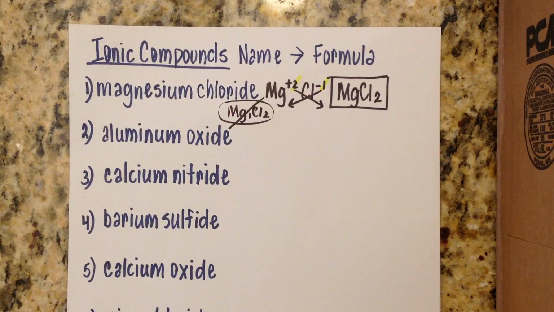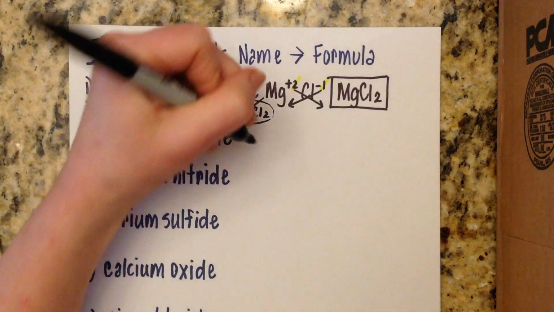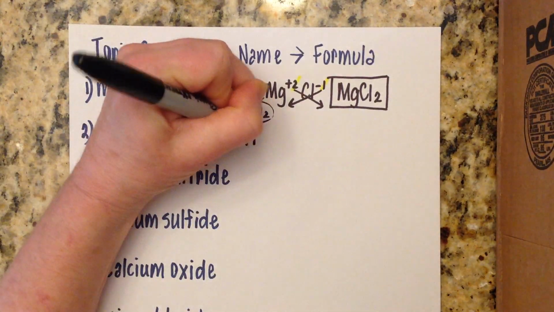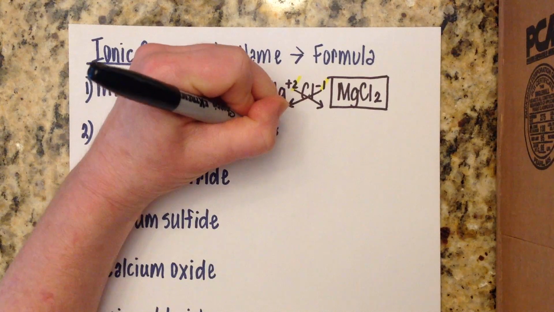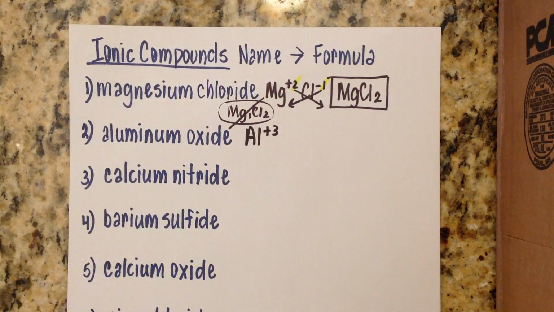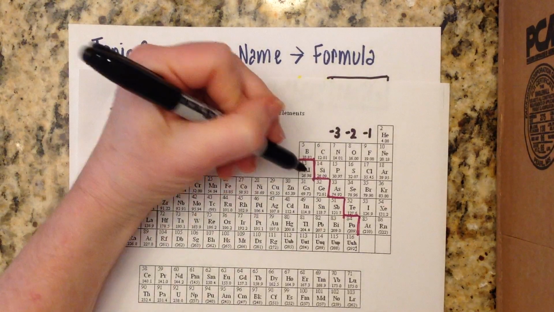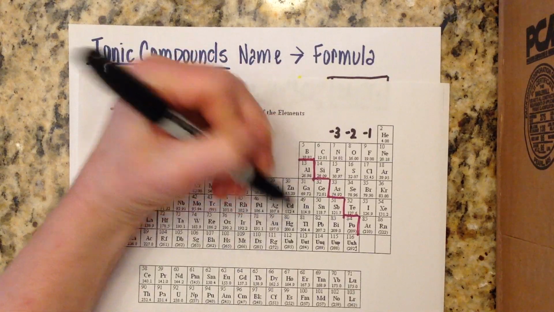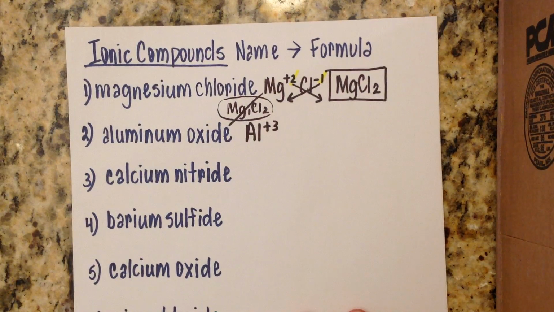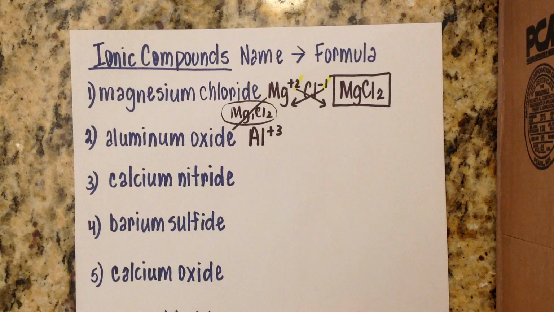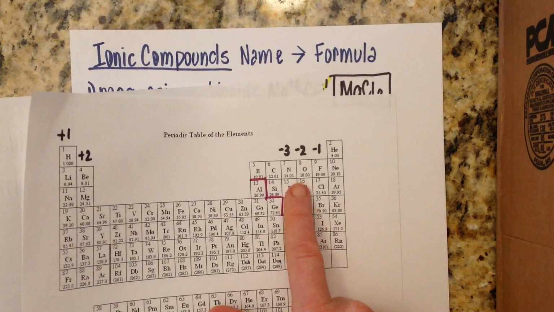So let's look at number 2, aluminum oxide. So aluminum is one of the exceptions that we have memorized, and it always has a +3 charge. And if you'll remember, that comes from those 4 exceptions that I showed you, 3, 2, 1, 1. So aluminum has a +3. Oxygen is in the -2 column right here.